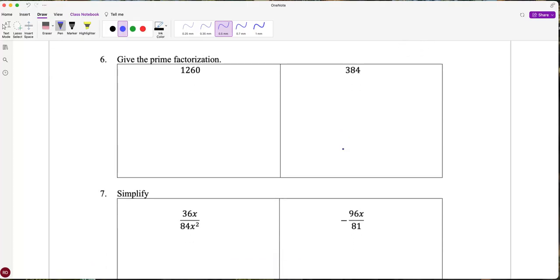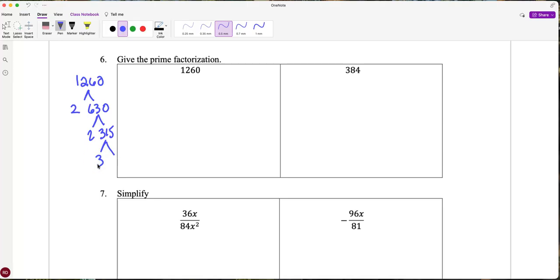Give the prime factorization. So if I look at 1260, I know that number is even. So that's 2 times 630, which is 2 times 315. No longer divisible by 2. That number is divisible by 3.